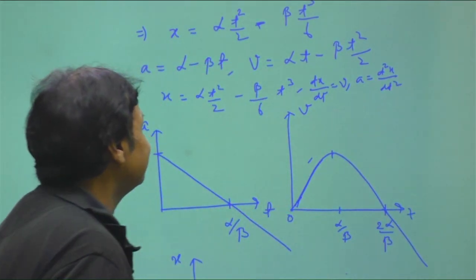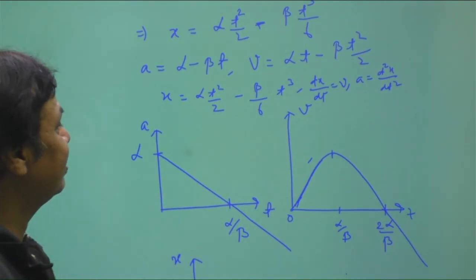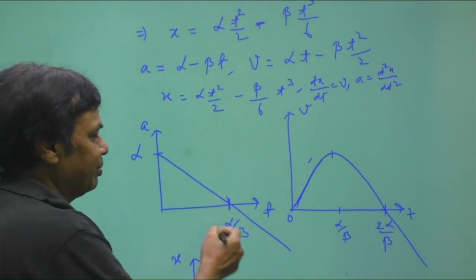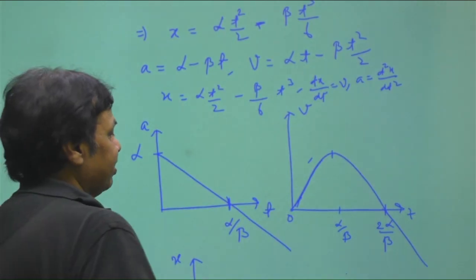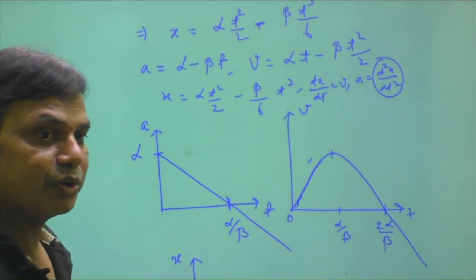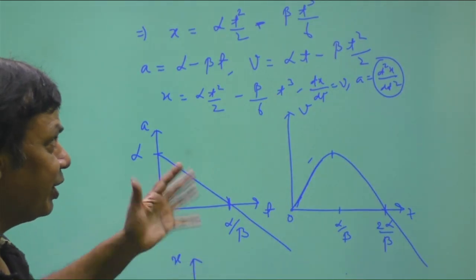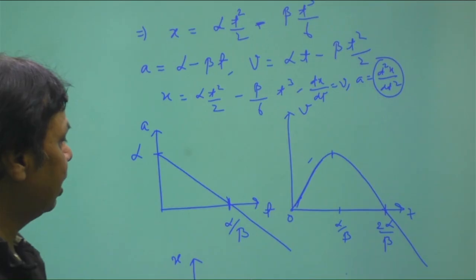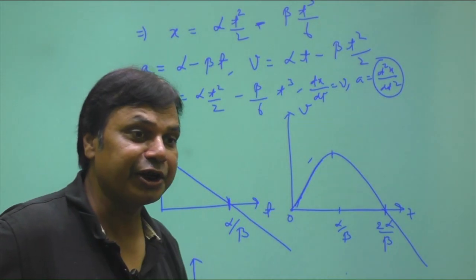So at t equals alpha by beta, you can see from here, acceleration is equal to 0. That means d2x upon dt square is equal to 0. That means the curve changes its concavity here. At alpha by beta, the curve changes its concavity.